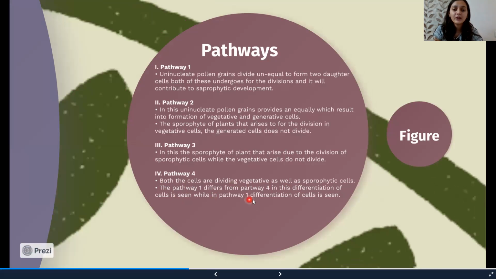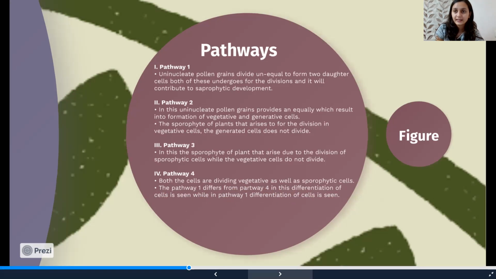How does pathway 1 differ from pathway 4? In pathway 1 also both the cells were dividing, and in pathway 4 also both the cells were dividing. But what is the major difference? The major difference is in the differentiation of the cell, which means in pathway 4 differentiation of cells is seen, while in pathway 1 differentiation of cells is not seen.